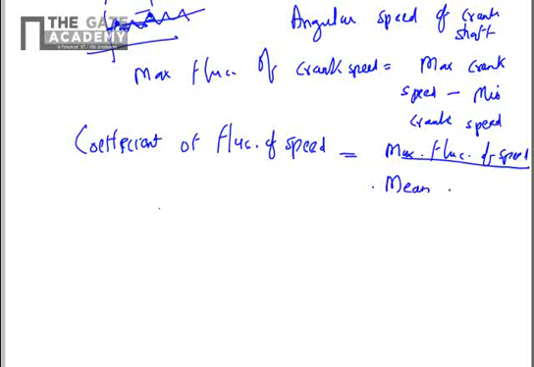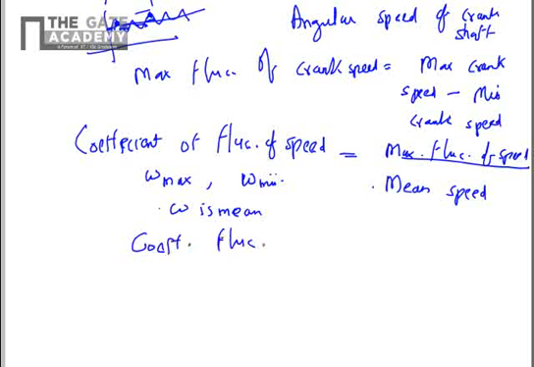So the mean speed, that is omega. So maximum is, let's say, omega max, the minimum is omega min, and omega is the mean. So the coefficient of fluctuation of speed will be omega max minus omega min divided by omega.